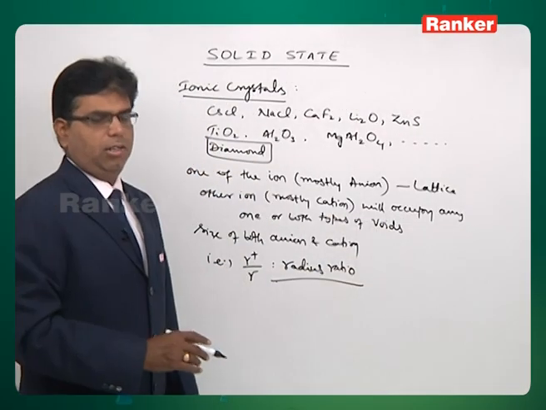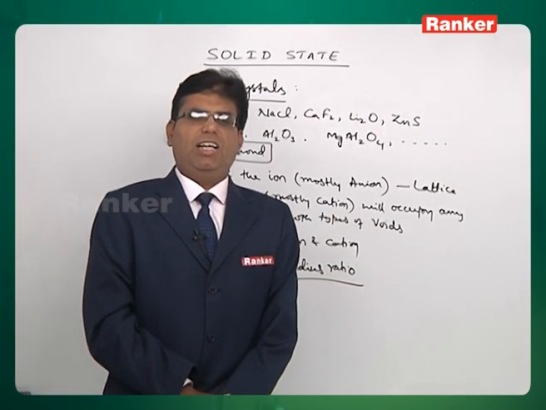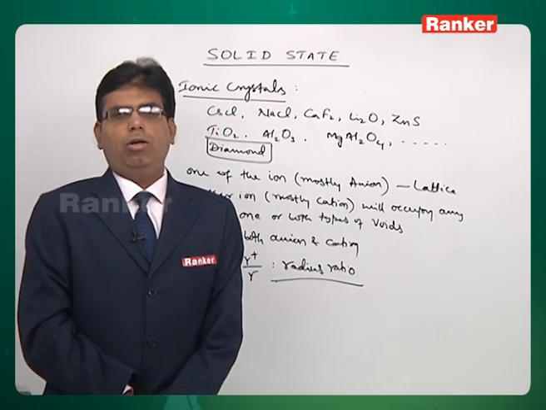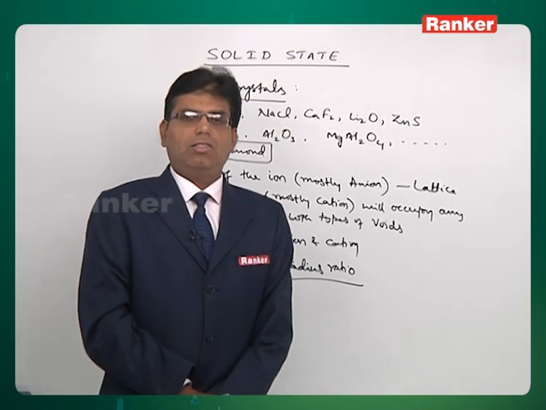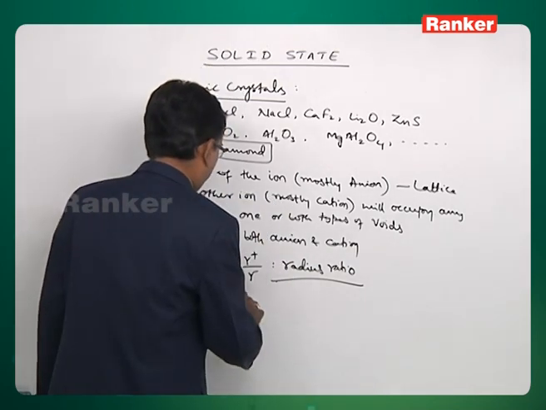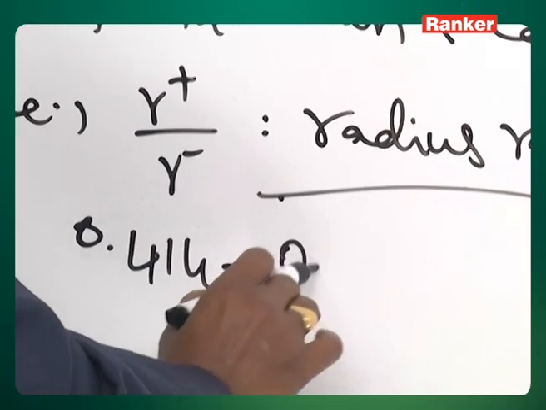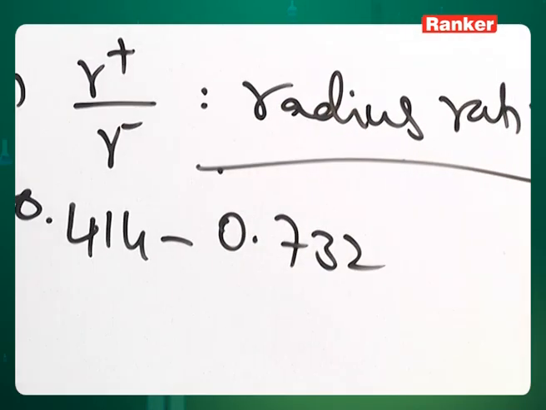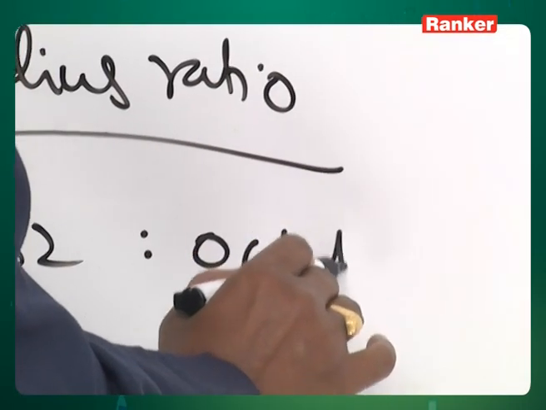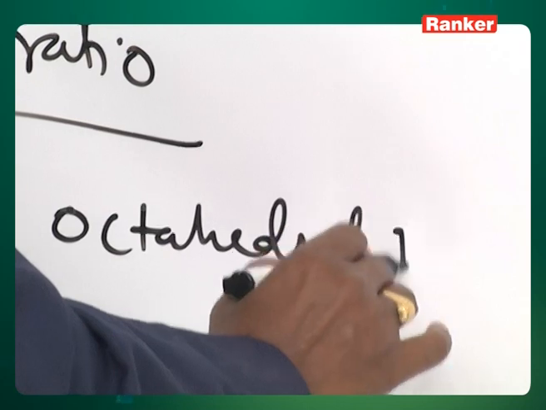It all depends on the radius ratio of the cation to anion. If the radius ratio lies between 0.414 to 0.732, then the void that it occupies is octahedral void.